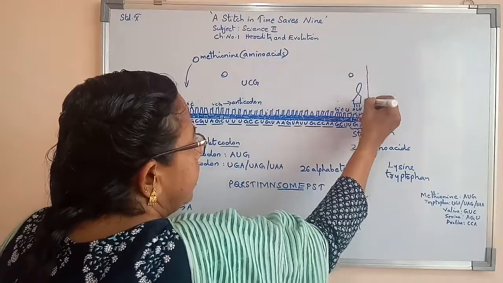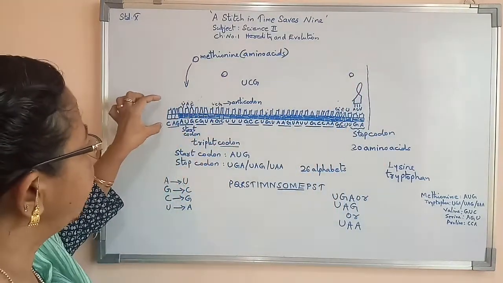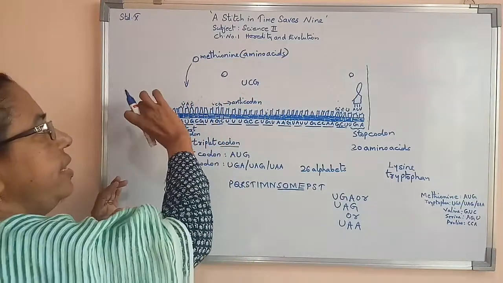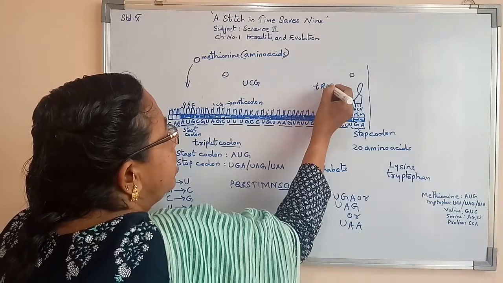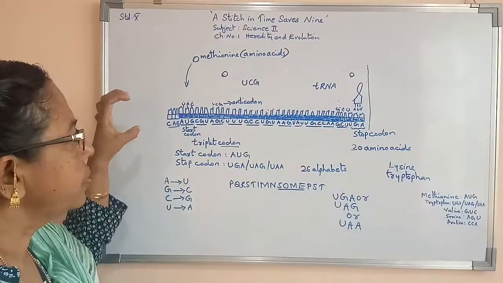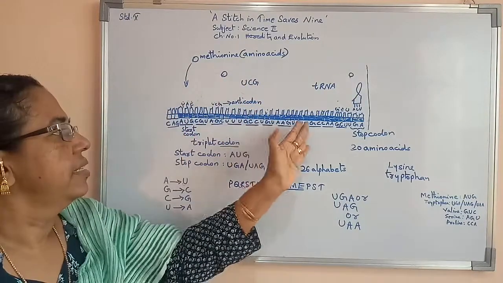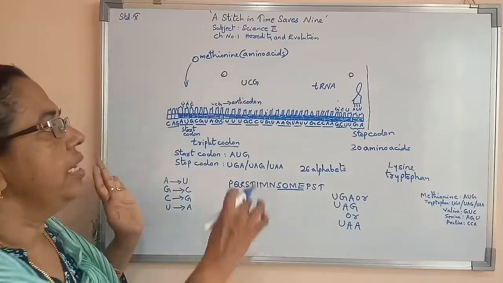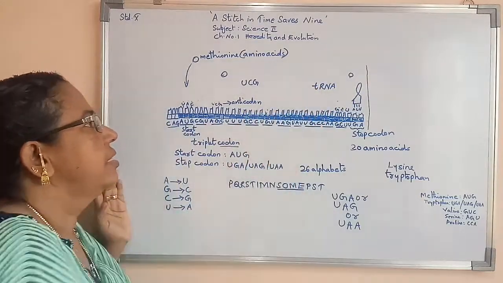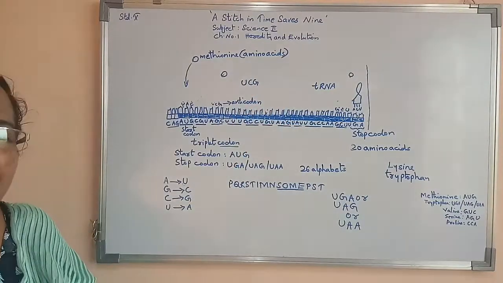Then the work is completing. So till it is reaching, as and when it reads, different tRNAs, or many tRNAs, will come to search for the matching codons. As and when it finds the matching codon, it will come and fix the amino acid in that particular place.